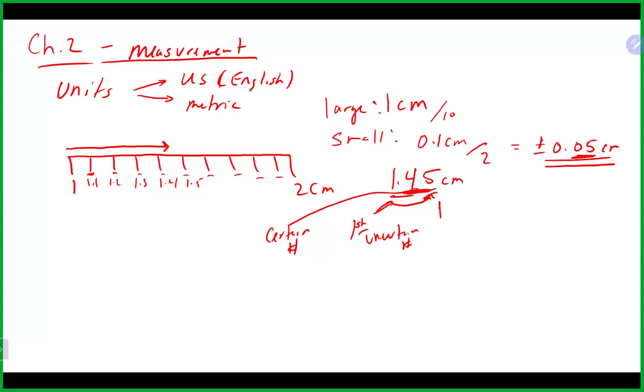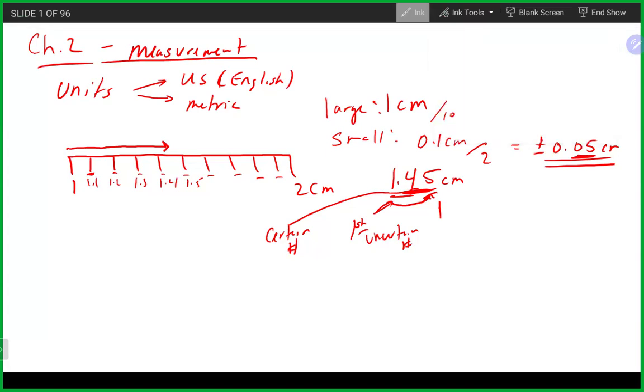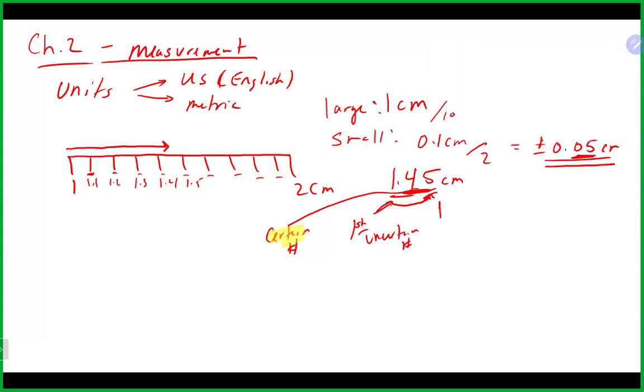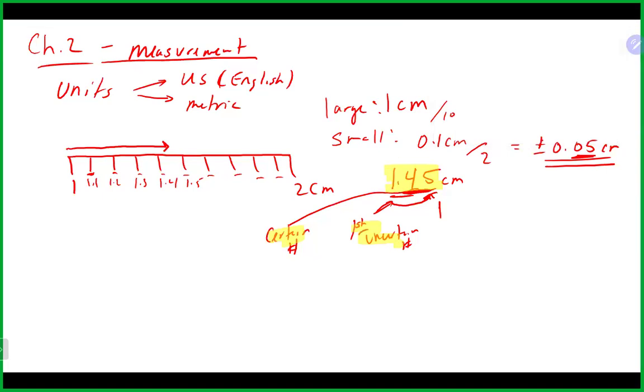And the importance of doing that when we take a measurement is when we record all the certain numbers plus the first uncertain number, in this case, that is what significant figures are, which we talked about. So we talked about the proper sig figs. When you do that, that gives you the proper sig figs, which in this case would be 3 significant figures.